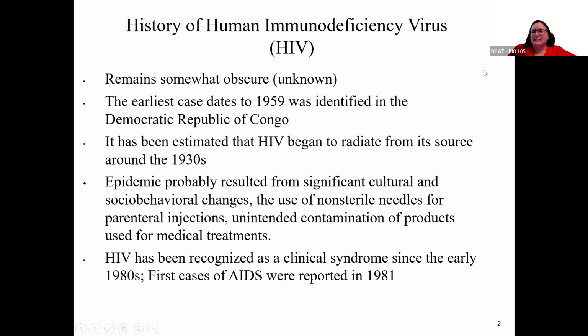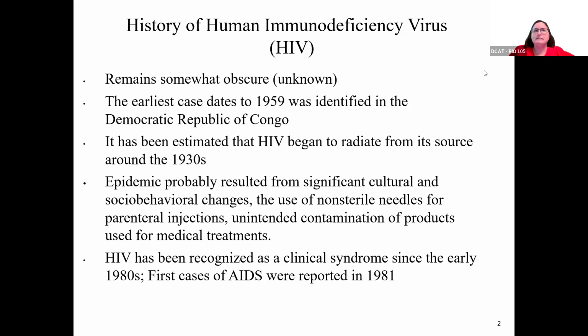I lived through the time when HIV became prevalent in the States, and it was a very scary time. So the reason they think the epidemic began is because of cultural and social behavior changes.